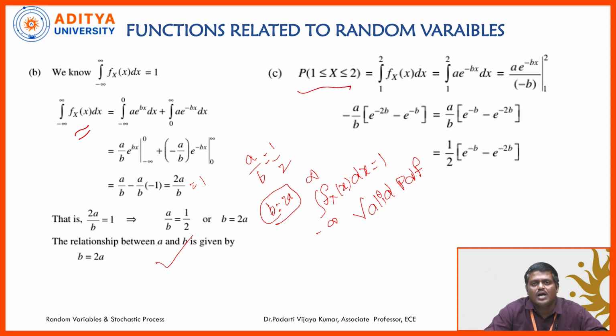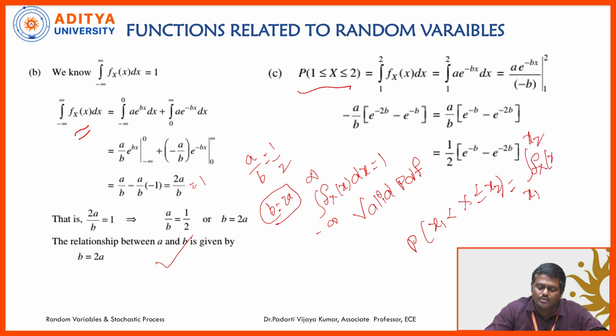The next question is to compute the probability lying between 1 and 2. We can use the property of the density function: to compute the probability between any two values, we compute the area under that particular strip of the density function. Between 1 and 2, the density function expression is a e power minus bx, because x is positive.